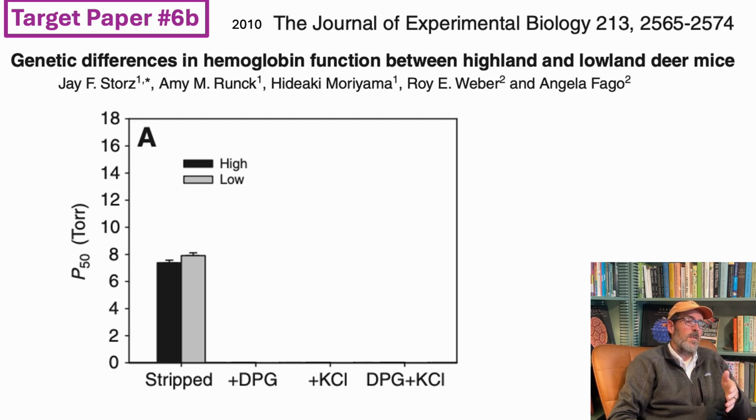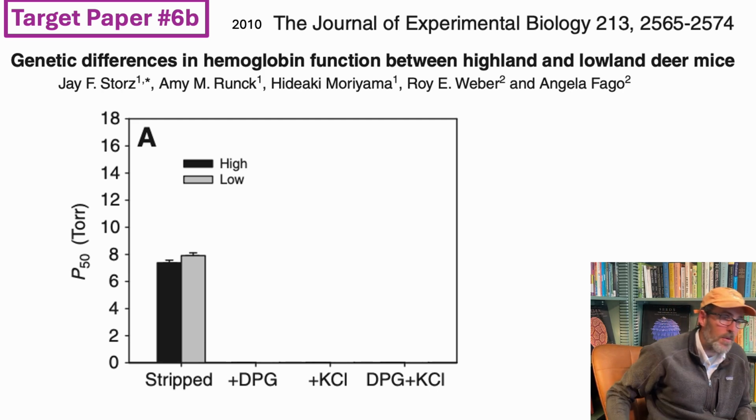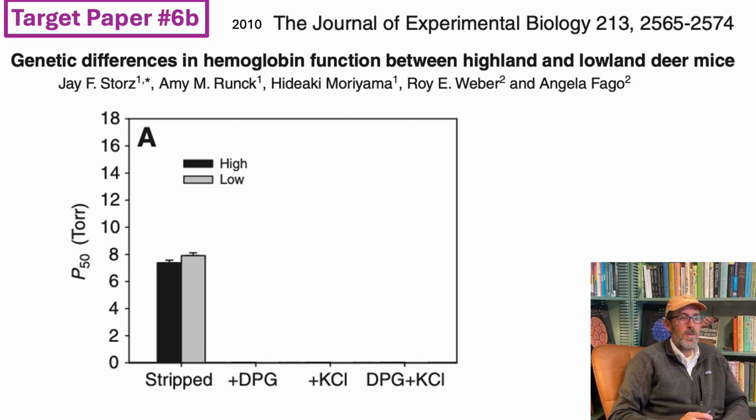They're going to study this in a number of different conditions. Stripped means it's basically just hemoglobin in a buffer, I assume. I've never done this, so I don't know exactly what it looks like to have stripped hemoglobin, but I assume it's just blood without, certainly, DPG and KCl.